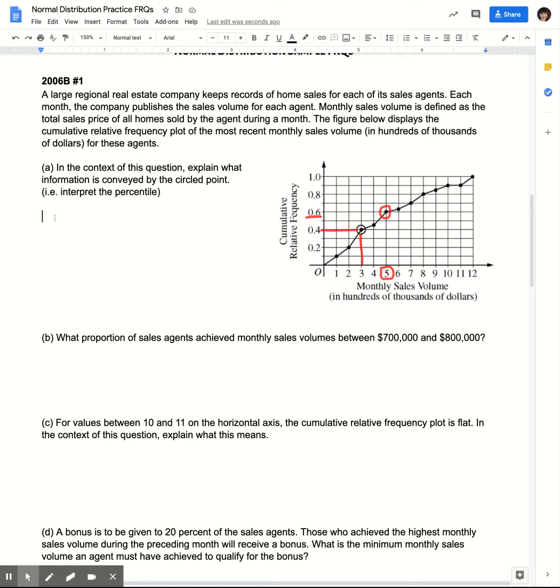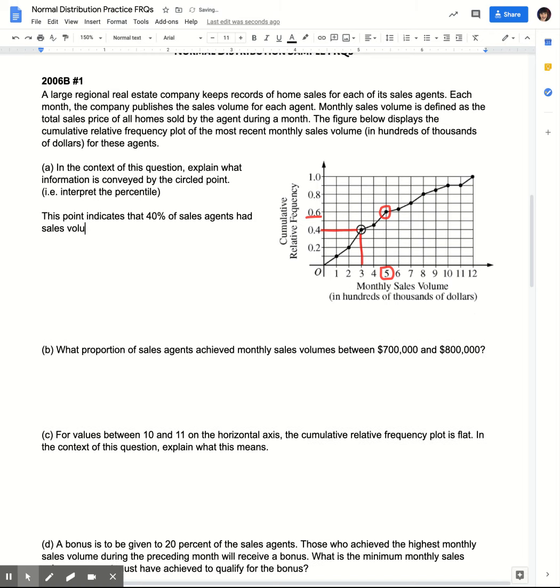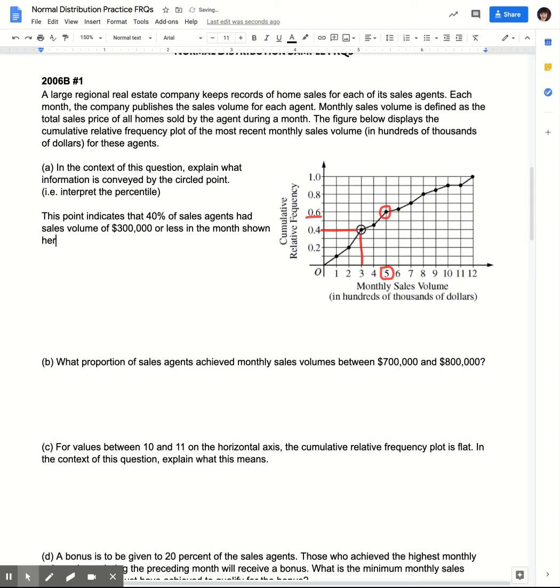So the way I would write this is: this point indicates that 40% of sales agents had sales volume of $300,000 or less in the month shown here.